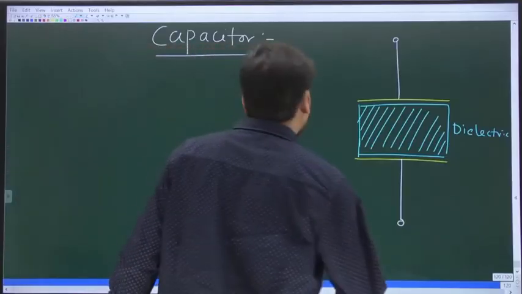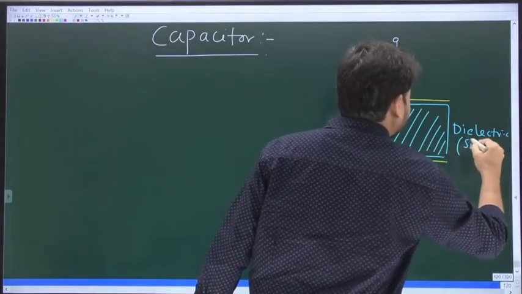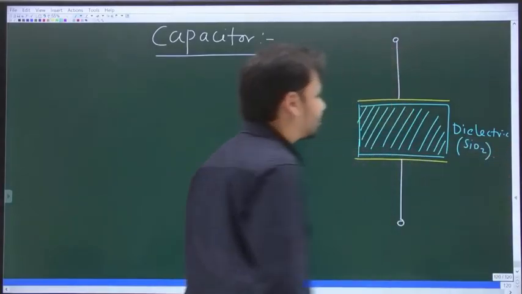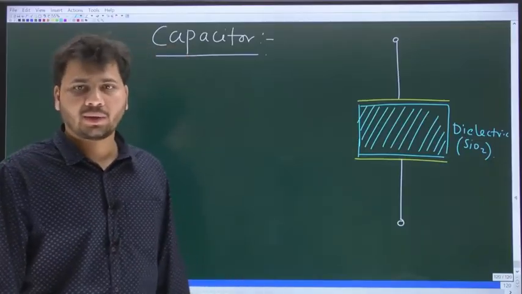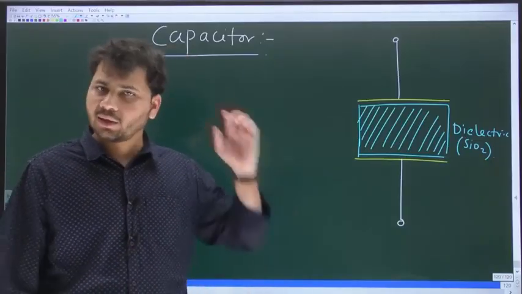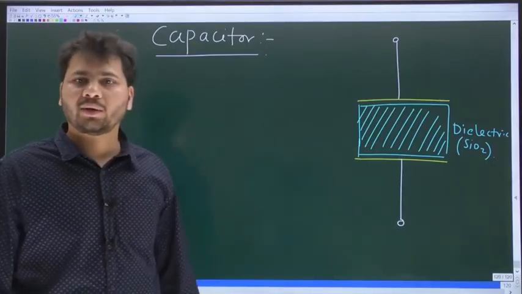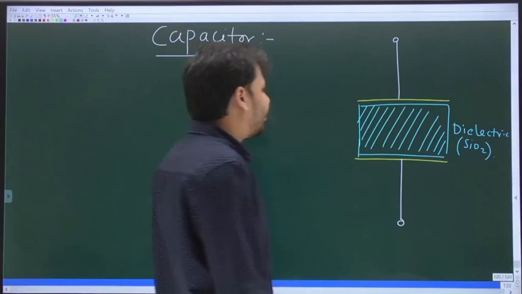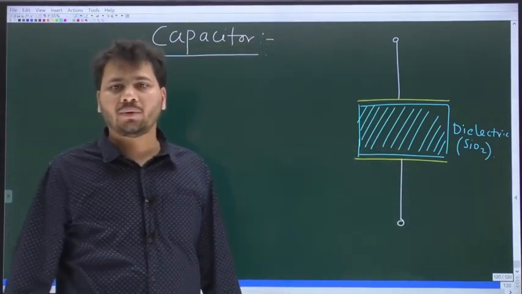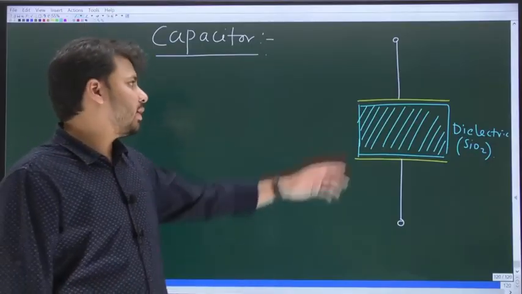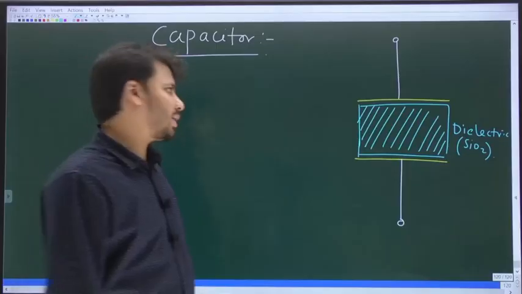In brackets let me write: this is the most widely used dielectric material, especially when it comes to integrated circuits. Anyway, the two yellow color things are the two conducting plates, and these two white color wires are the two terminals of the capacitor.